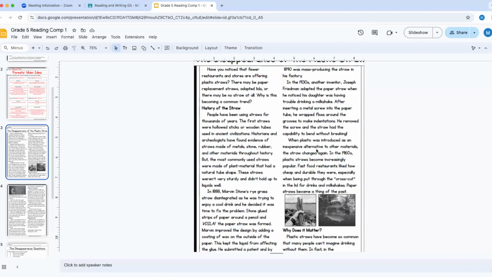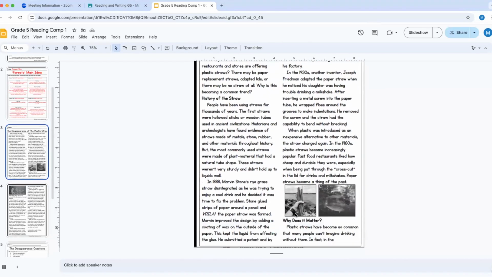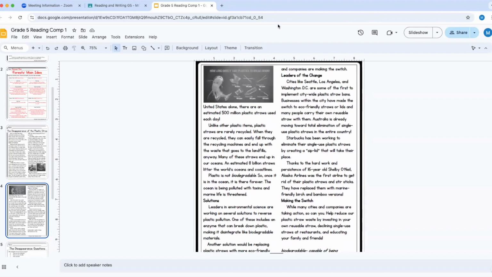Okay, let's move on. So now I want you to read from the first page. If you look on the bottom, why does it matter? And it goes down to the second page, right here, marine life is threatened. So I want you to read that, and then I want you to send me the main idea privately to me in the chat. So this is independent.